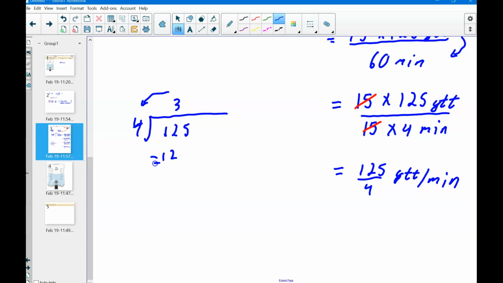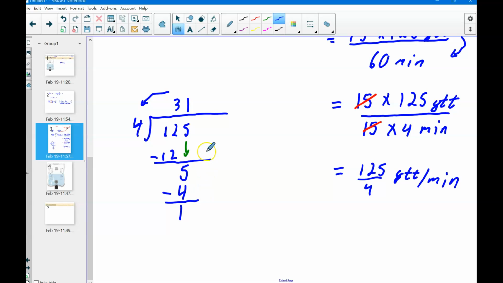We subtract, which is 0. And the 5 drops down. We have 5. And 4 will go into 5 one time, which will be 4. Subtracting again, we get 1.